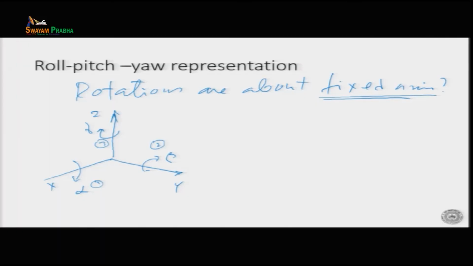The order in which I went was alpha, beta, and gamma, so I am going to reverse the order and pre-multiply. We are going to pre-multiply matrices.